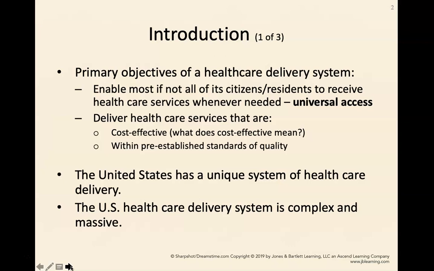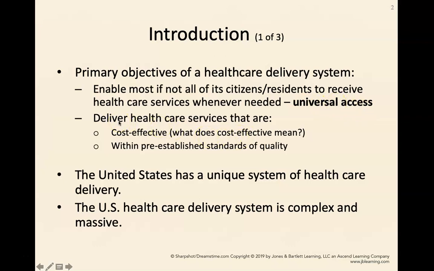And if you enable most, and better yet, all of the residents you have in your own country, then it results in universal access. We'll talk more about universal access in the following slides.